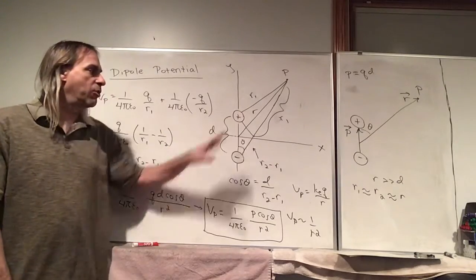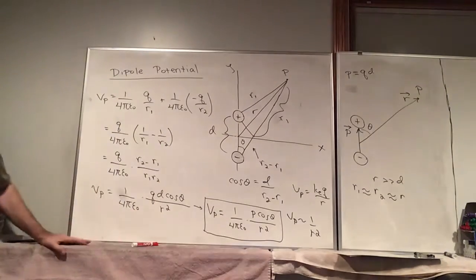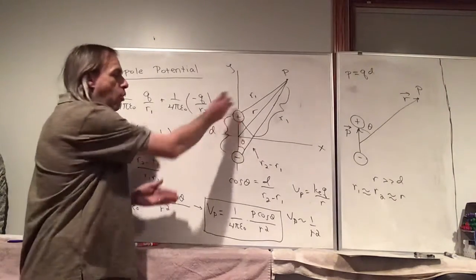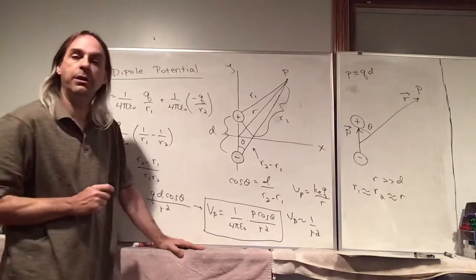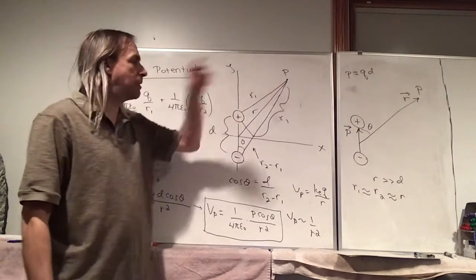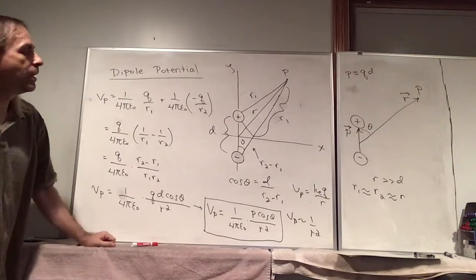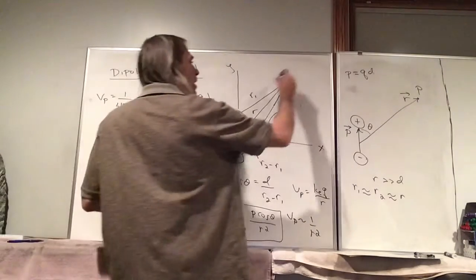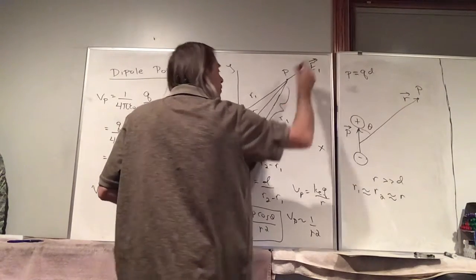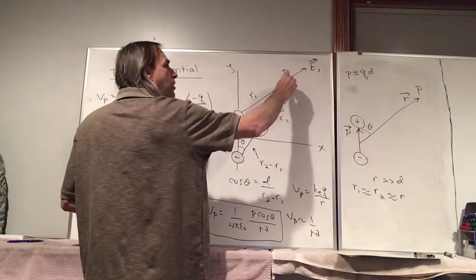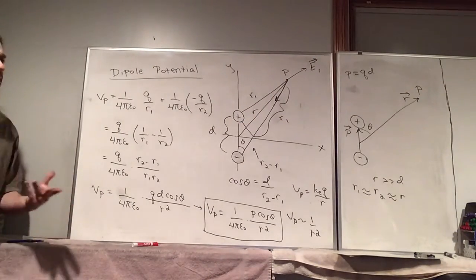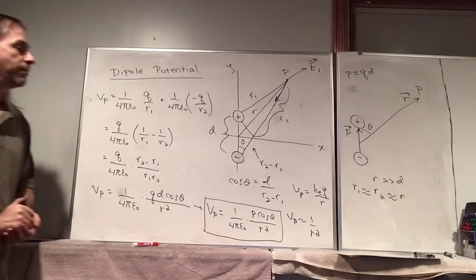The electric field due to a dipole is much weaker than that of a point particle because essentially this dipole is an uncharged object. The only reason an electric field exists around it, like at this point P, is that we have an electric field due to the positive charge and an electric field due to the negative charge, and they almost completely cancel out.